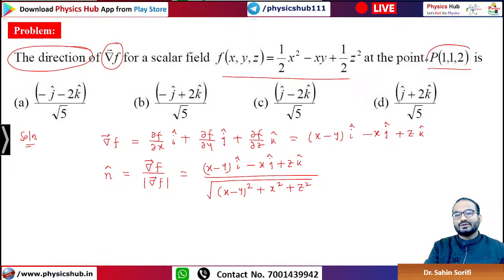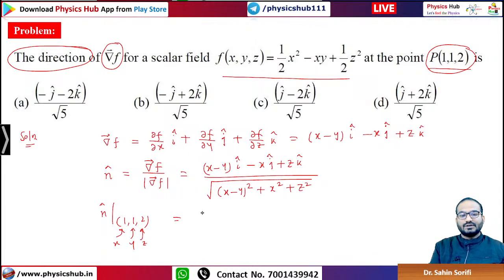And when you specify the point, means n cap at 1 1 2, means at x equals to 1, y equals to 1, z is equals to 2, then it becomes how much?